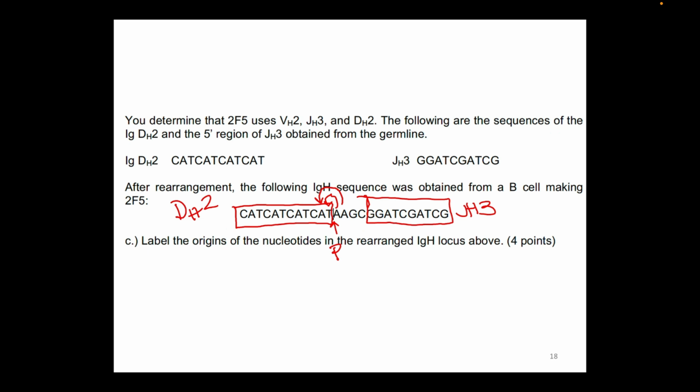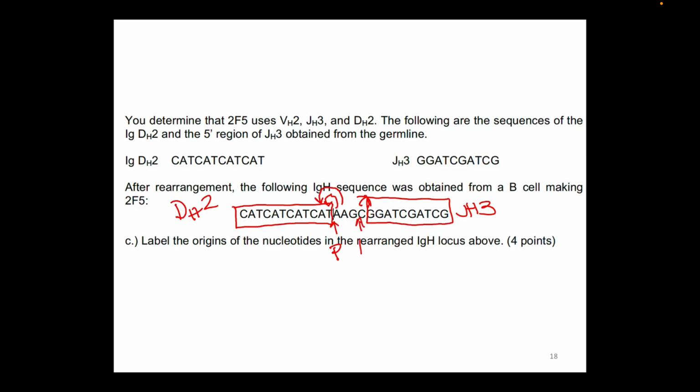If you remember, P nucleotides are added before N nucleotides. So if we get to a point where there's no P nucleotides being added on one side, we can look at the other side. So now we can look at this C. If this C was a P nucleotide on this side, it would have been generated by having been bound to this G next to it. That's totally possible.